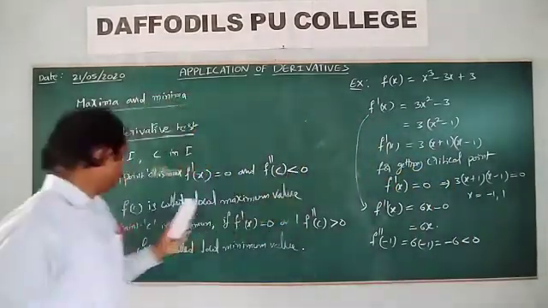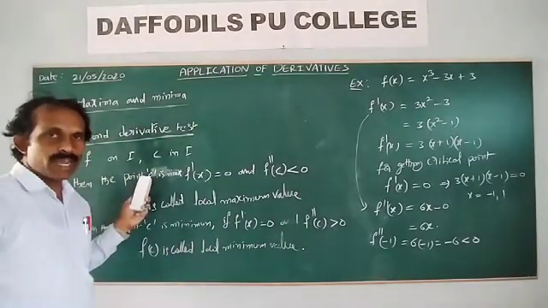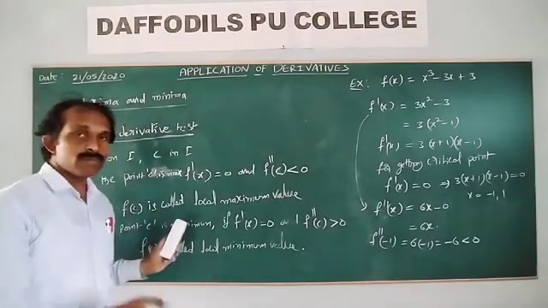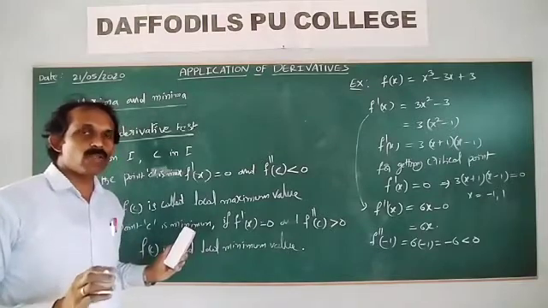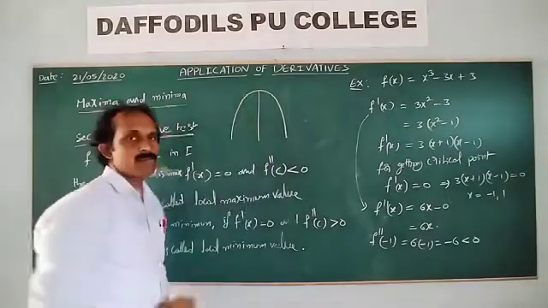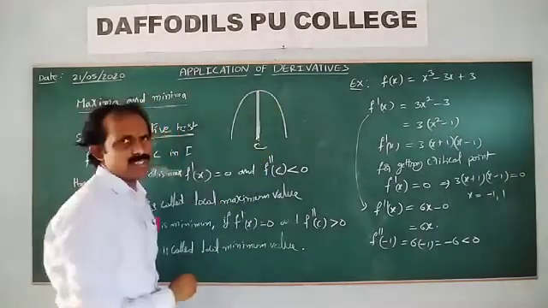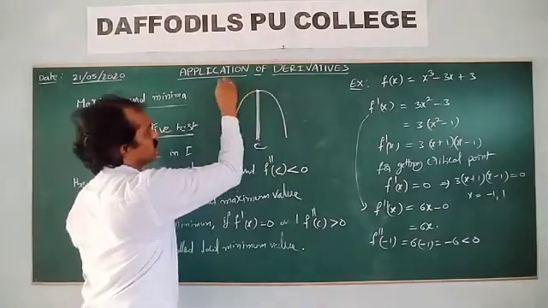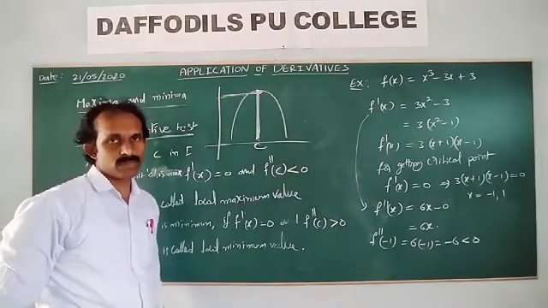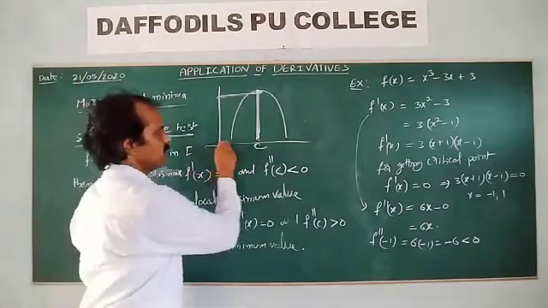So it is less than 0. Then the point is called the local maximum point. What is the maximum value? We want some number, the maximum value. Like in this graph, at c this is the local maximum point. We want this value, which is nothing but f of c on the y coordinate, while this is the x coordinate.